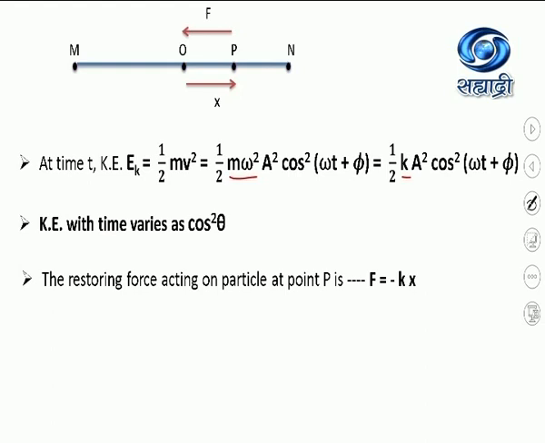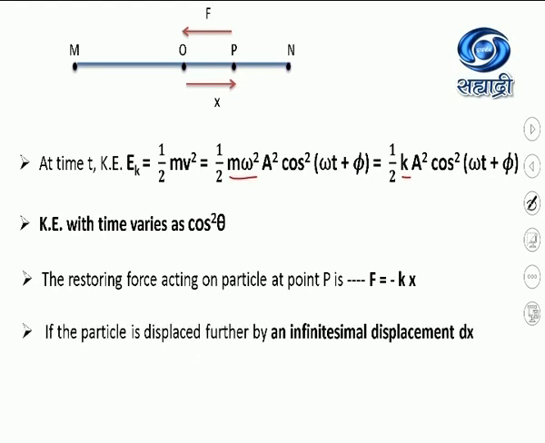So from point P, the particle is further displaced through an infinitesimal displacement, say dx, to a new position P prime, which is very, very small, in other words tending to 0. This motion is happening against the restoring force F.